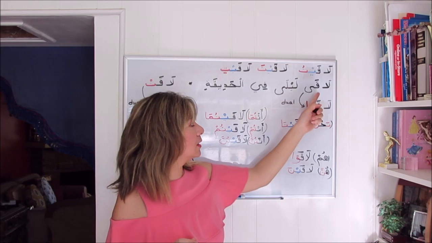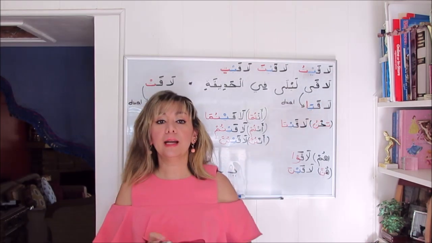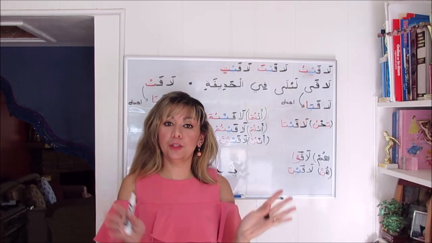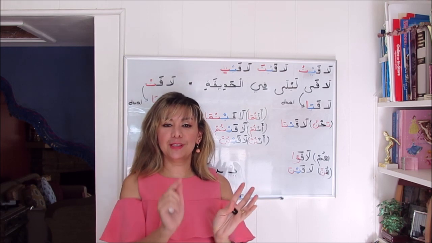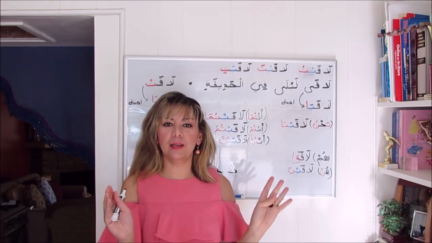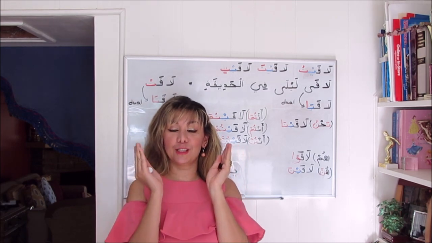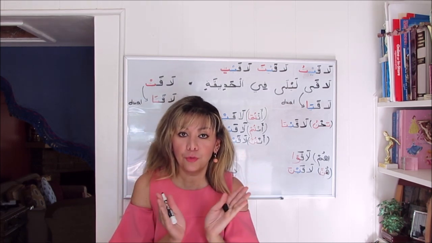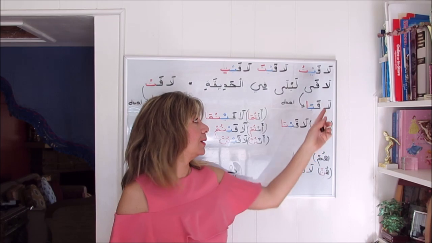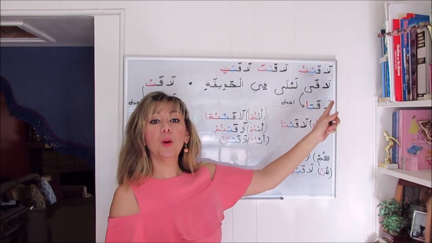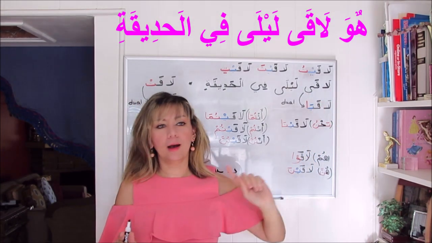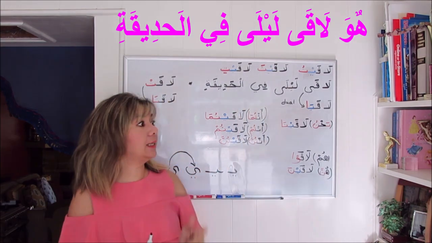هو, the basic form that comes together with the third person singular masculine. That subject pronoun represents the basic form of verbs. So هو لاقى ليلى في الحديقة.